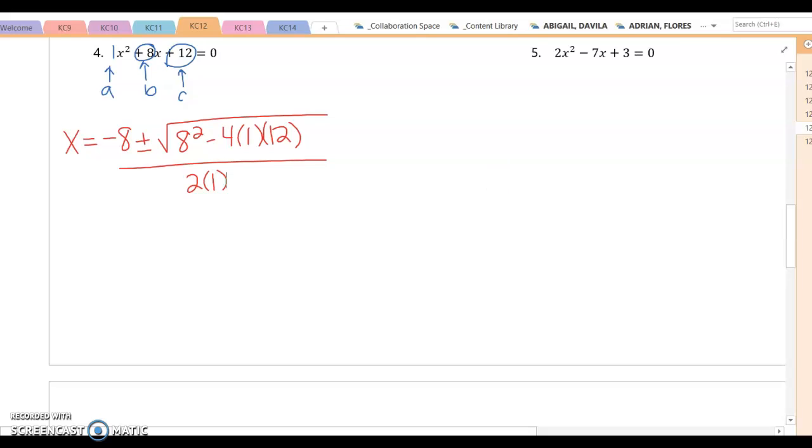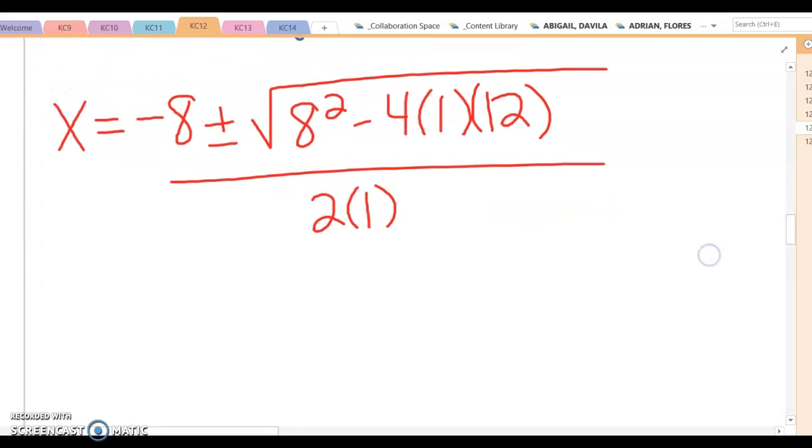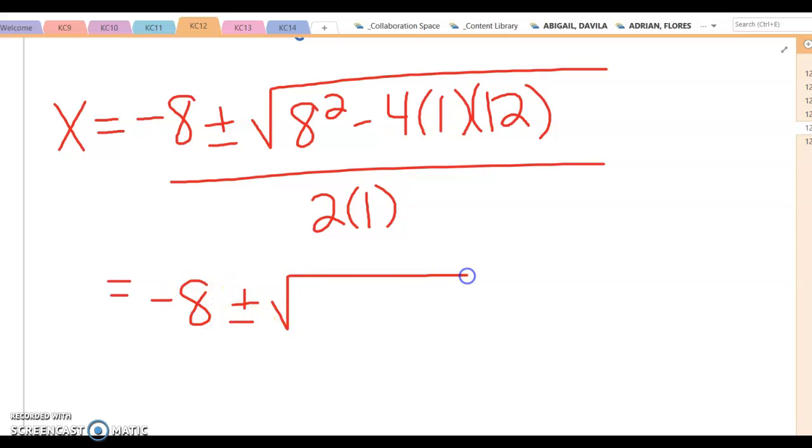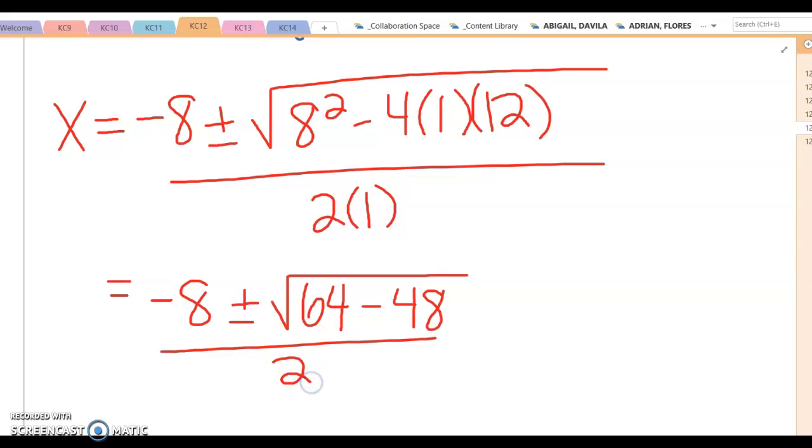So we're going to go through and actually solve it, right? We've got to simplify it a little bit. So we're going to leave the -8, the plus or minus, but we're going to simplify what's under this square root. So 8 squared is 64, and then 4 times 1 times 12 is 48, and then that is all over 2.